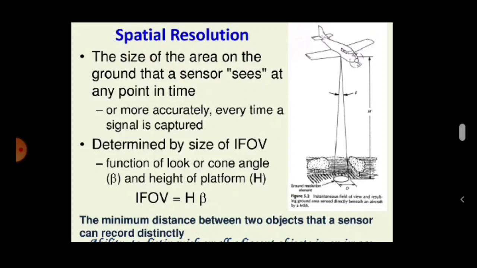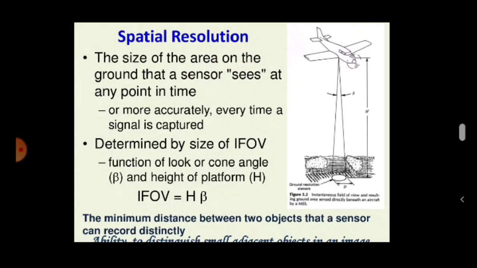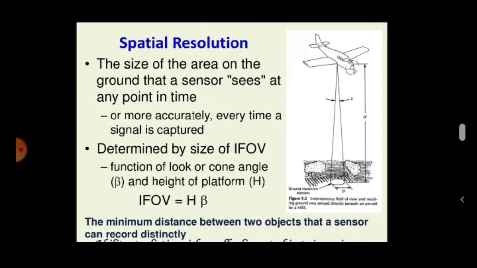So instantaneous field of view means the angle which corresponds with the sampling unit at that time. I guess this is how spatial resolution can be found.